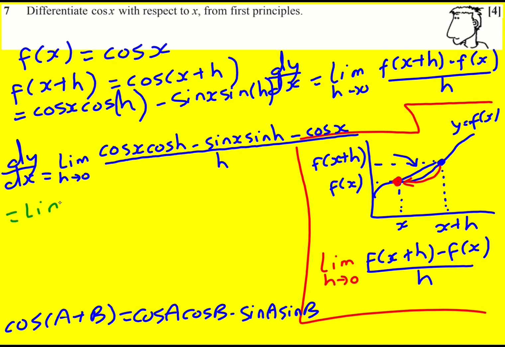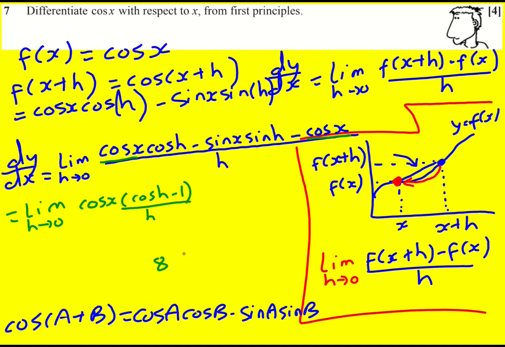Now I'm going to rearrange this slightly. Let's keep it all in this limit, but I'm going to factorize the cos x out of the first and the third terms. I'll leave the second one be. So it will become cos x times (cos h minus 1) all over h. And in fact, I can just divide that one by h. You can do that with fractions. You can put it over the whole thing, but you can also just divide one of them by it.